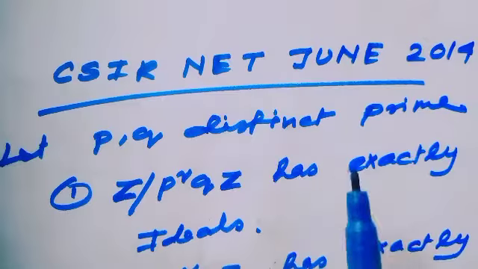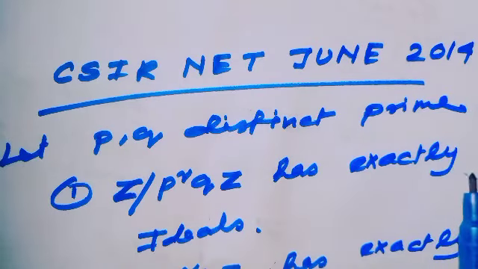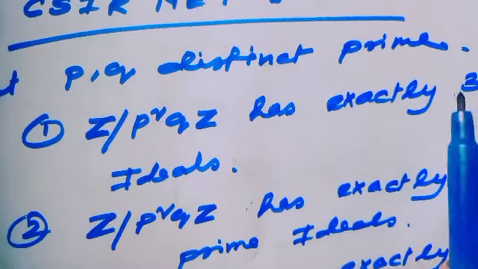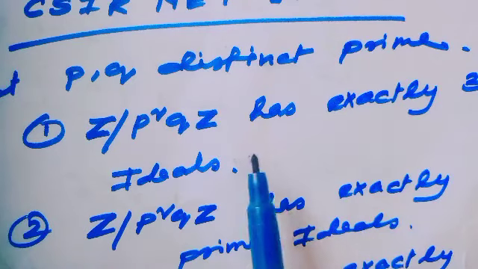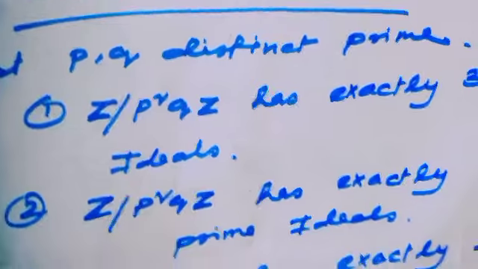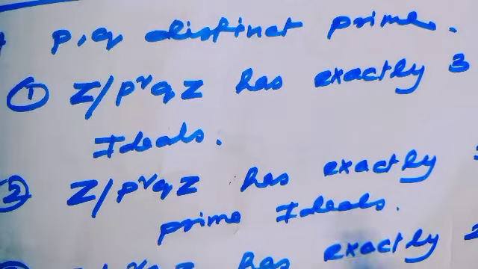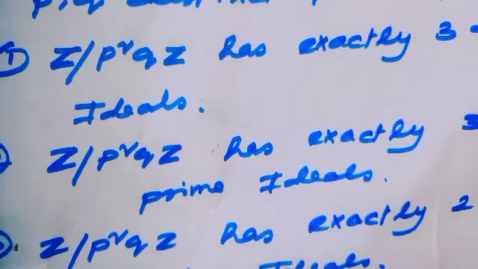Now, I will see one question of CSIR NET 2014, which actually uses the correspondence theorem. Let p, q be distinct primes. Then option 1: ℤ/p²qℤ has exactly 3 distinct ideals. Option 2: ℤ/p²qℤ has exactly 3 distinct prime ideals.